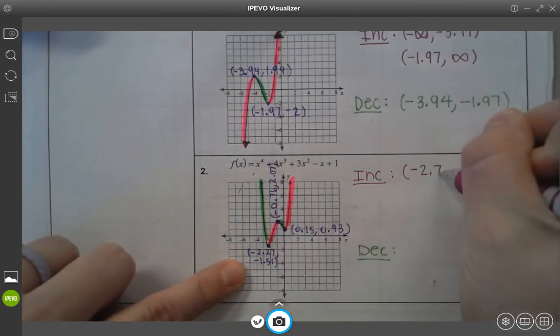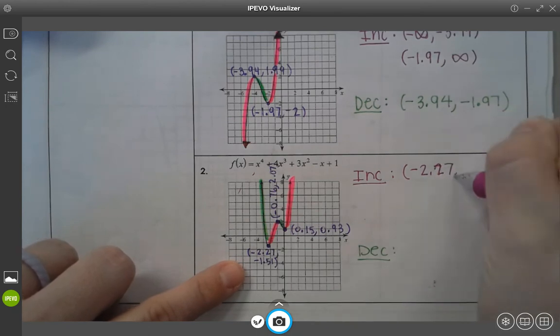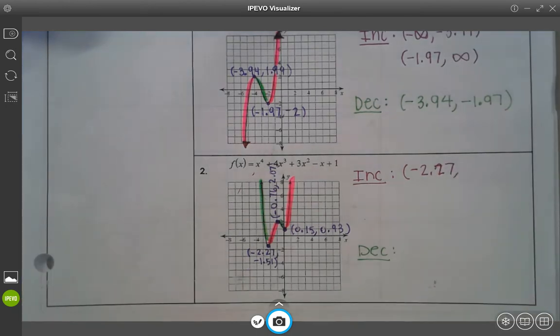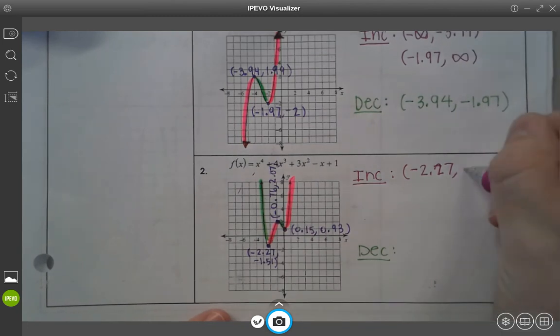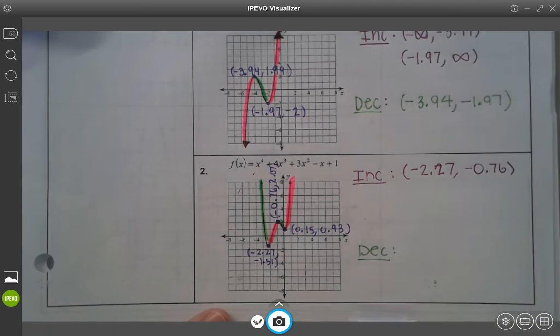Good. Negative 2.27. You only put the x value. Where does it stop? Negative 0.76. Good.